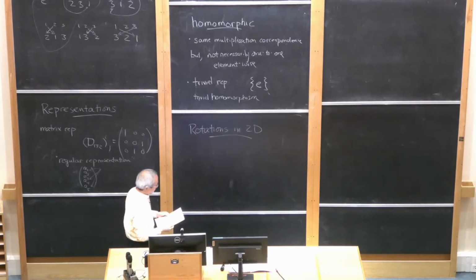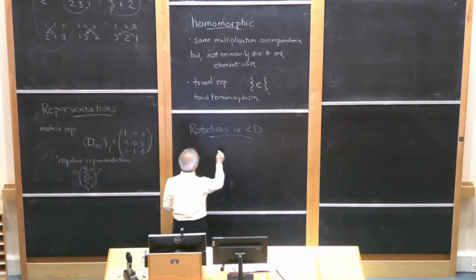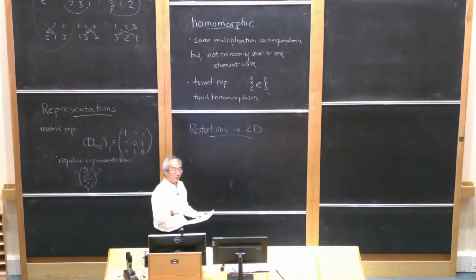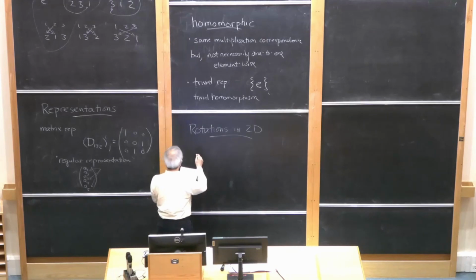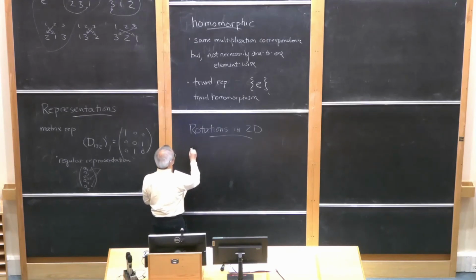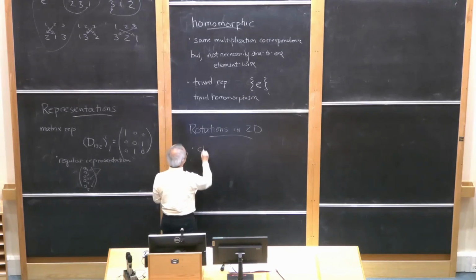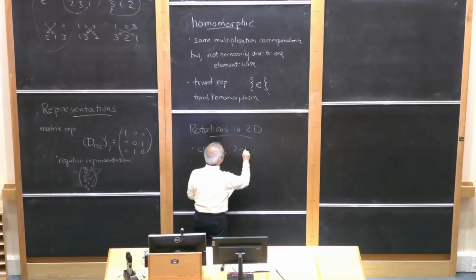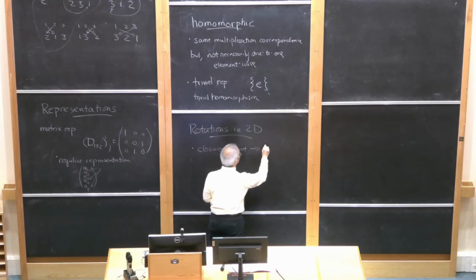So let's see. If you were talking about rotations in 2 dimensions, well, first step: is it a group? Basically you just go through the four axioms. Closure, right? Two rotations, one after another, is clearly equivalent to another rotation, so that one's fine.